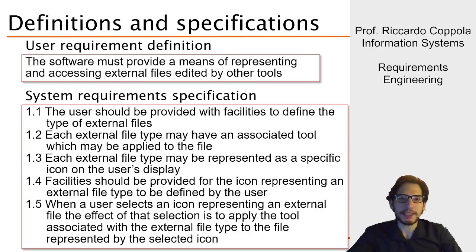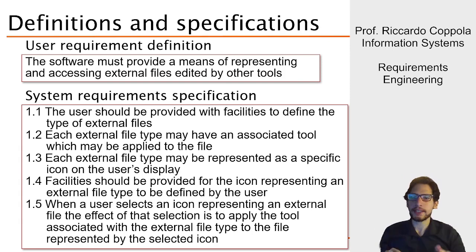And as we can see, one example of a user requirement might be that the software must provide a way of accessing external files, like I want a connection with Google Docs. And this user requirement is the only thing that I care about as a user of the system. I just say, I need a way to access my files.